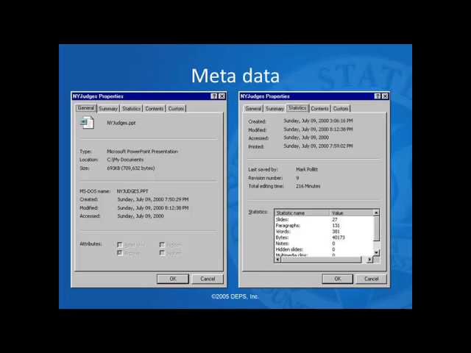Likewise, most users are not aware of the internal metadata in the files, and therefore you may be able to find information of value that will either confirm or deny some particular process or scenario that a user claims.